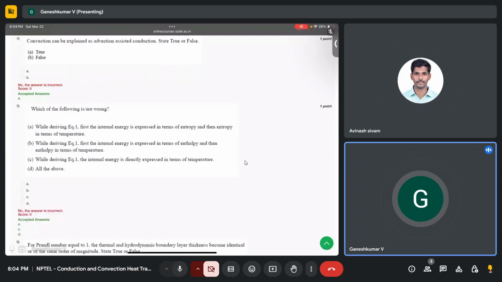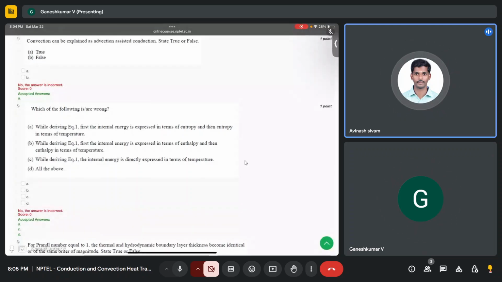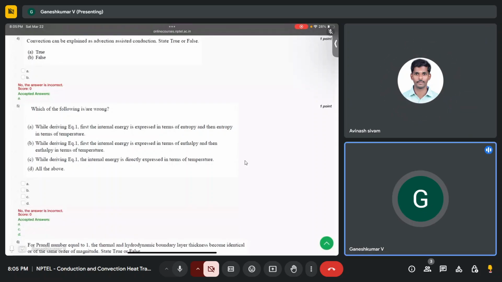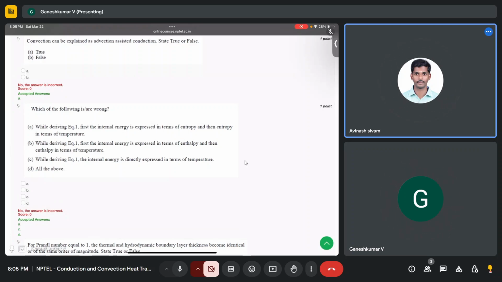If not, it will be similar to this. Sir, everything will be 1 mark or 2 marks like that only, sir? Yeah, same as your assignments. It will be 1 or 2 point questions.